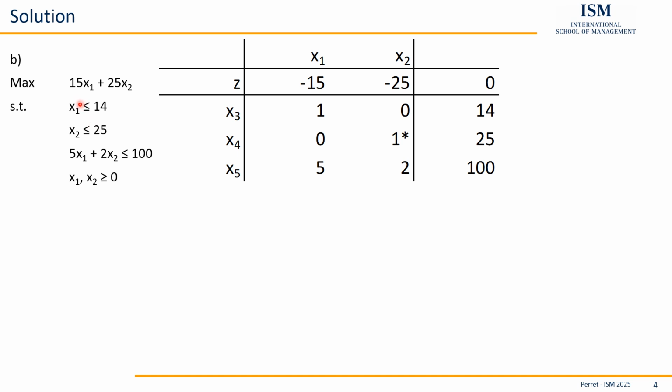So we take the coefficients 0, 1, 2 and place them in the x2 column. And finally, we're going to take the values on the right-hand side and put them here on the right side as well. We can use this process of just copying coefficients and right-hand side values because all 3 of our constraints are already smaller or equal to constraints. In this case, it's just copying the coefficients and the right-hand side values.